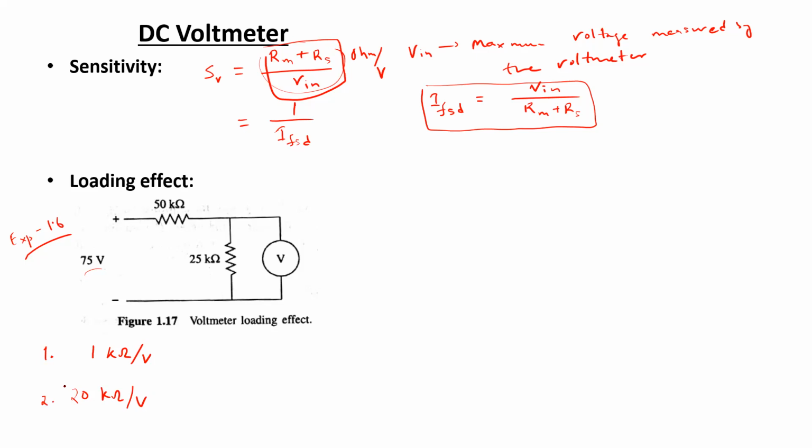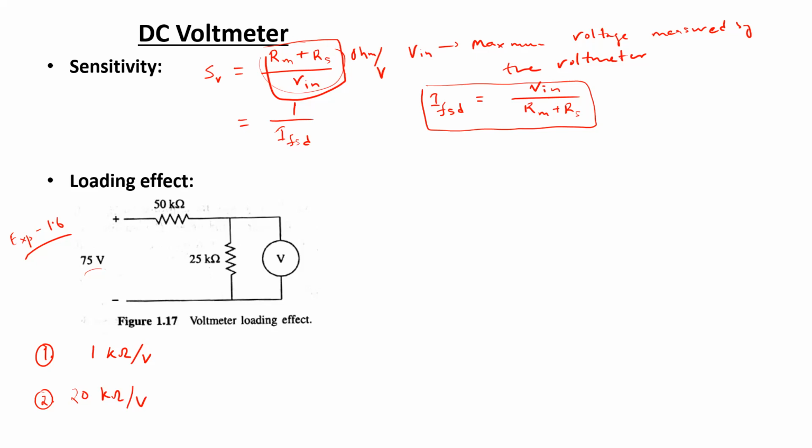Now, in terms of these two voltmeters, which one is going to provide a larger percentage of error can be determined, or in terms of percentage of error, the accuracy of the reading for these two voltmeters can be determined.